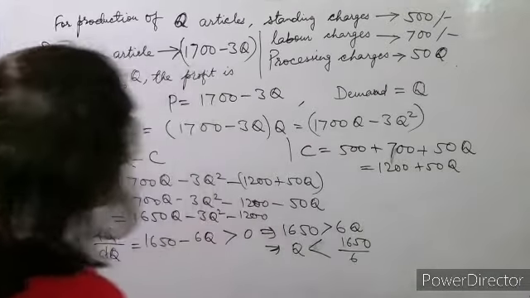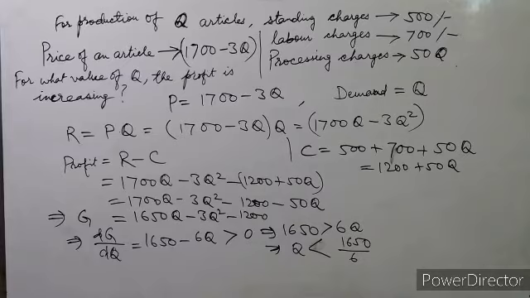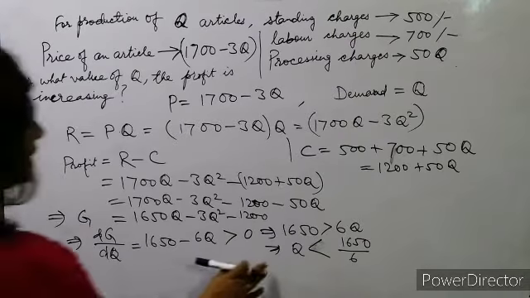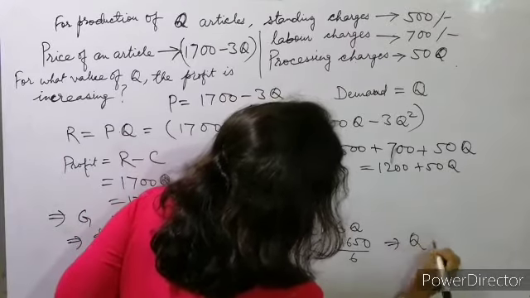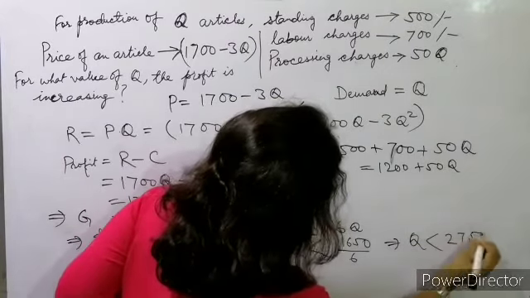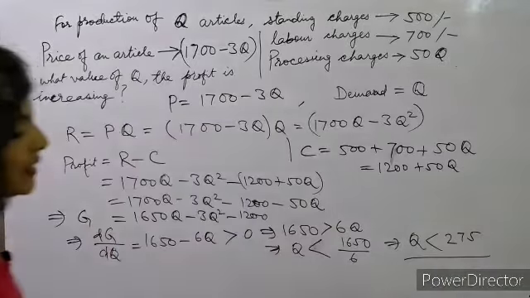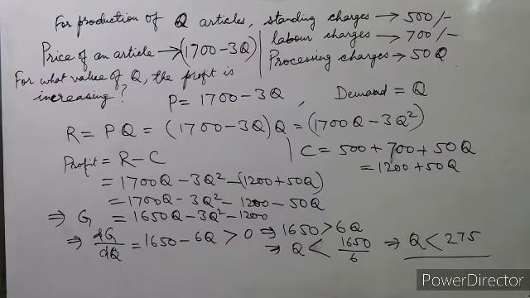So 1650 is greater than 6Q, it means Q should be lesser than 275. Q should be lesser than 275, then the profit will be increasing.